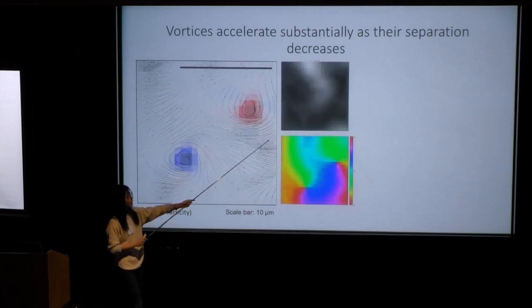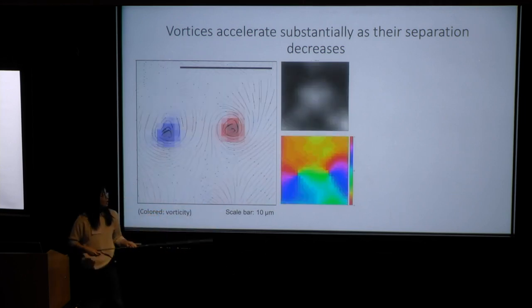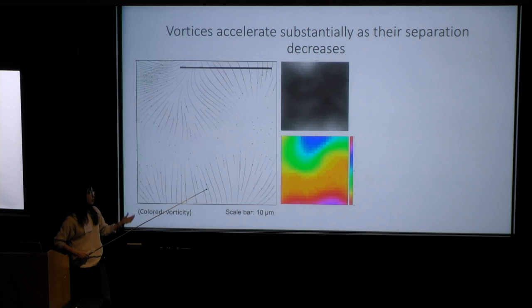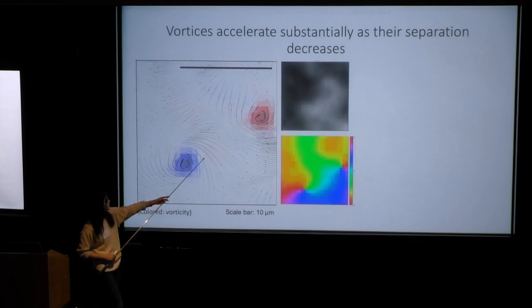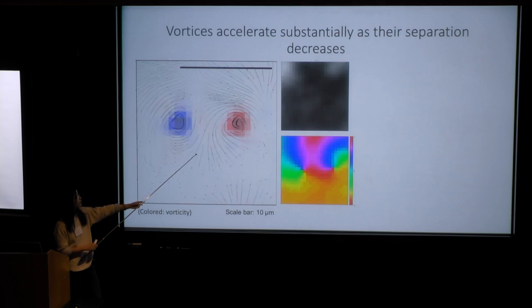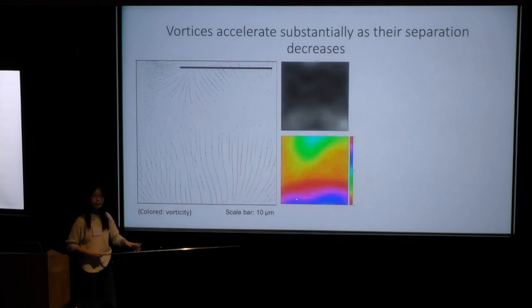This corresponds to the spiral core annihilation in the protein concentration field. Visualized here is the streamline representation of the phase velocity field, where we can already see a strong compression of those phase velocity streamlines when the pair vortices approach each other.